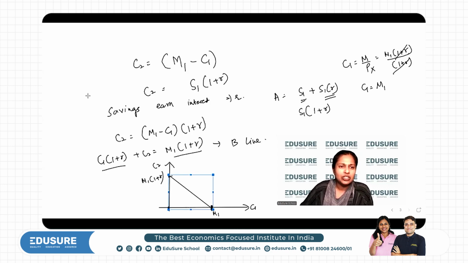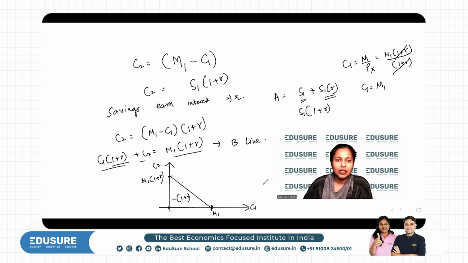And what's the slope of the budget line? The slope of the budget line is Px by Py. Py is 1. Px is 1 plus R. So the slope of the budget line is minus 1 plus R. Okay. So this is my budget line. Let me draw it properly here.